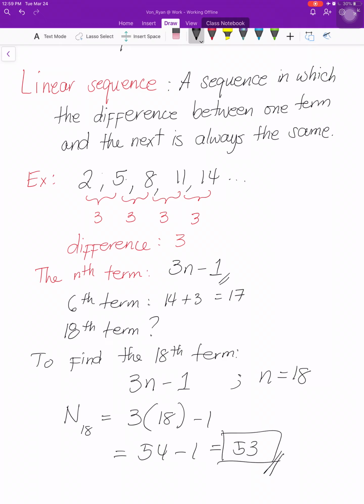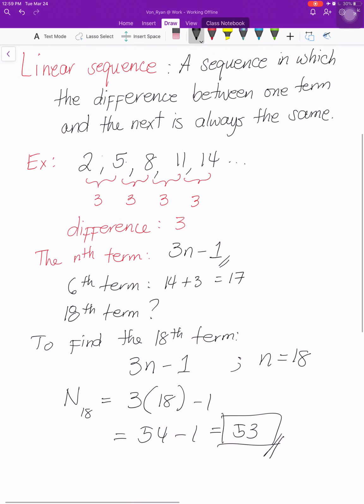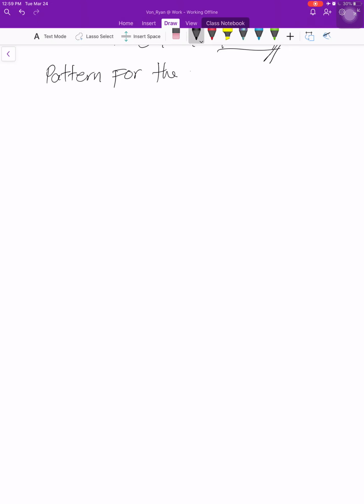Now the goal for today is to come up with this formula. How are we going to find out what this formula is if we are given a sequence? The pattern for the nth term is always the same.